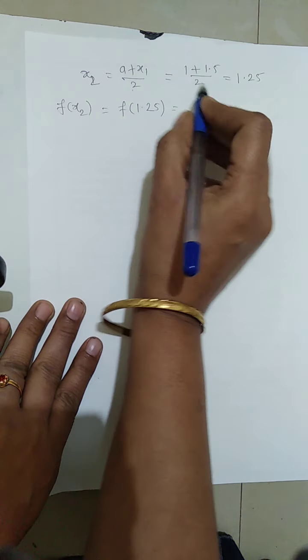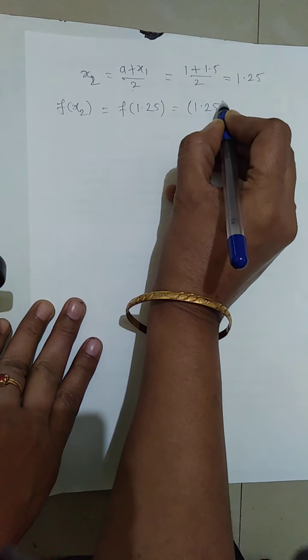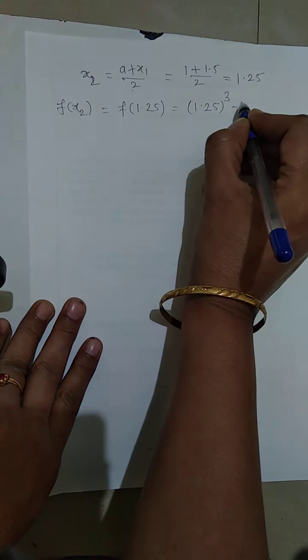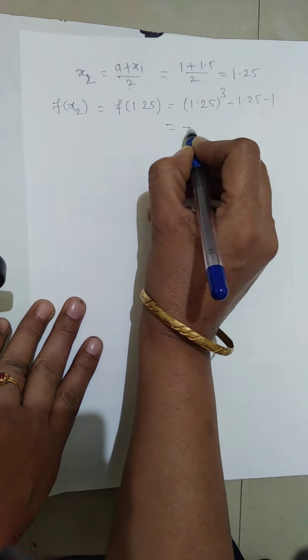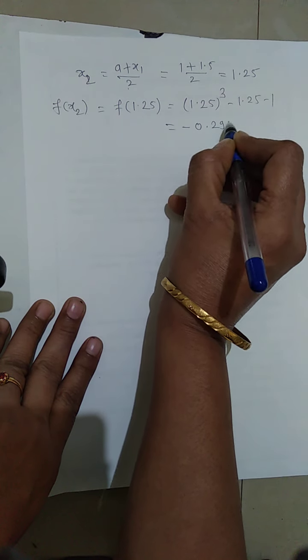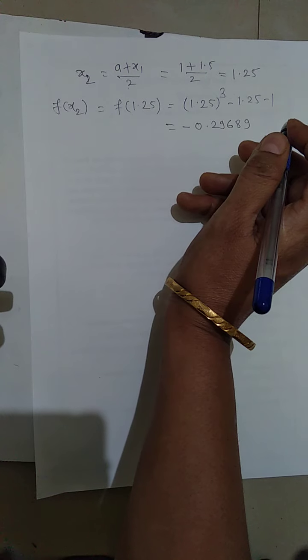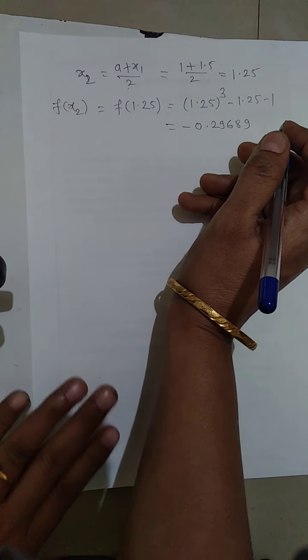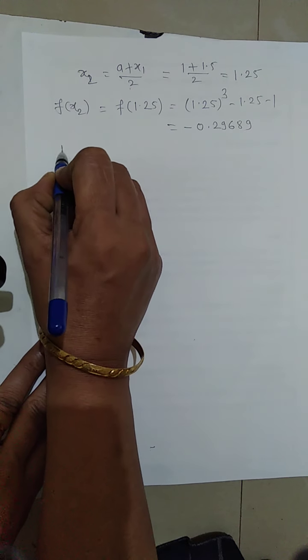Put the value of x = 1.25. Then 1.25 cube minus 1.25 minus 1, after solving, the value of this is -0.2969.